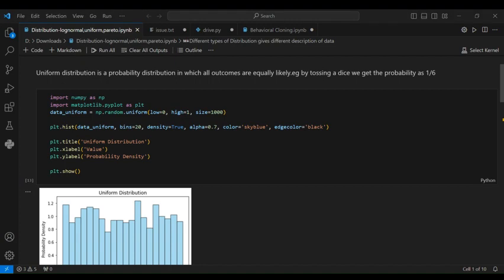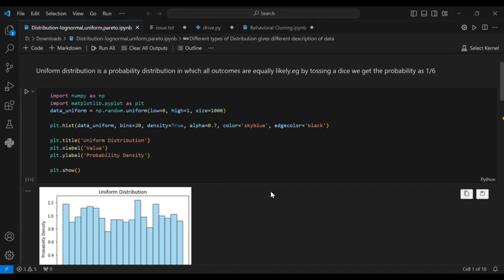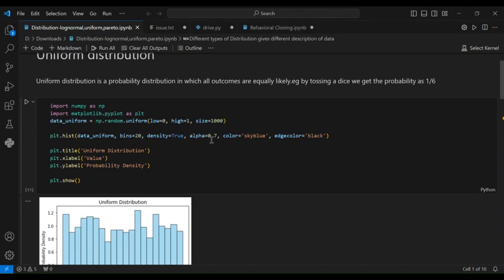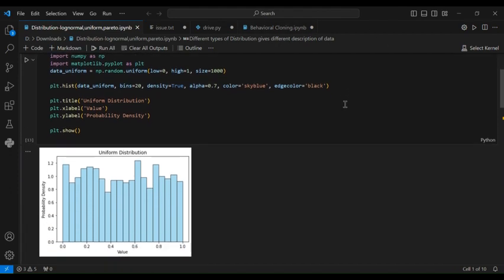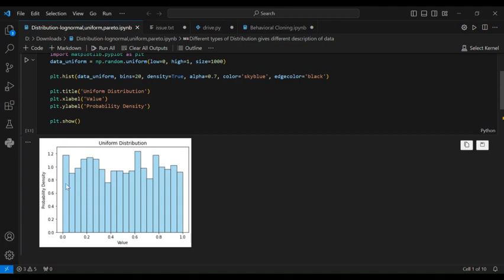Here is the correlated uniform distribution, where I have used random data itself. A uniform distribution is a probability distribution in which all outcomes are equally likely. For example, by tossing a dice, we get the probability as 1 by 6. It's a part of the uniform distribution, though it's not exactly following the same value, but it's a part of the distribution itself.